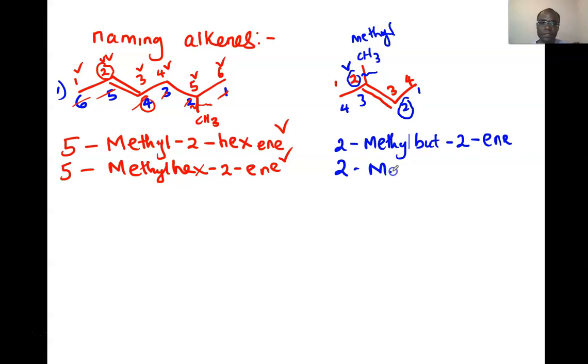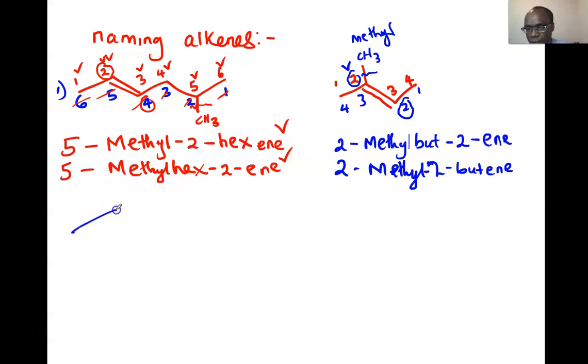Alternatively, you will give it the name 2-methyl-2-butene, where the 2 is a prefix of the parent name. Here the 2 is an infix of the parent name.